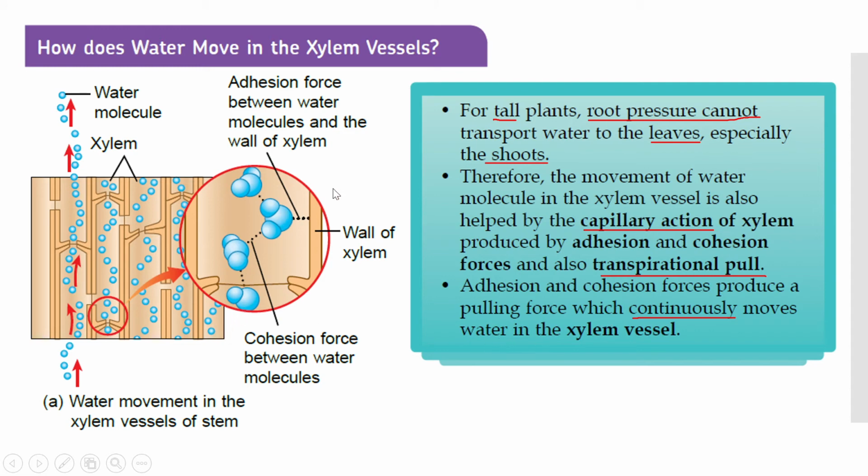So again, don't mix them up. Adhesion force is between water molecules and the wall of the xylem or other surfaces. In this case, it is the wall of the xylem. Cohesion force is between the water molecules. So it's moving upwards. You get to see the xylem vessels with the perforated pits right here.